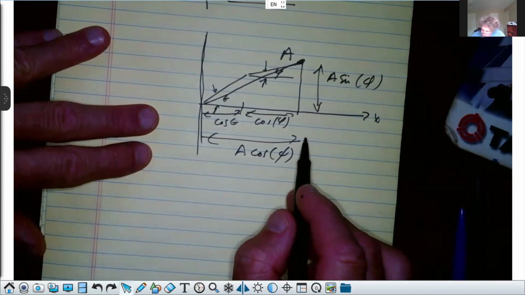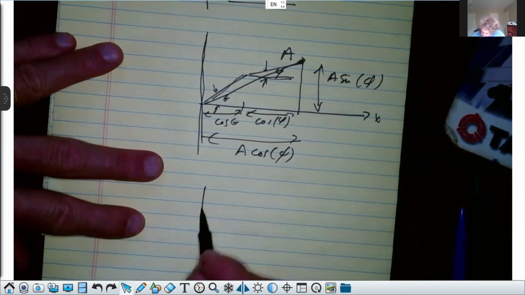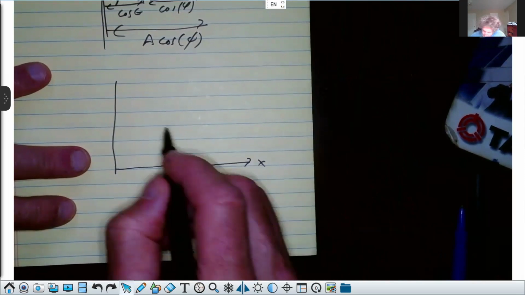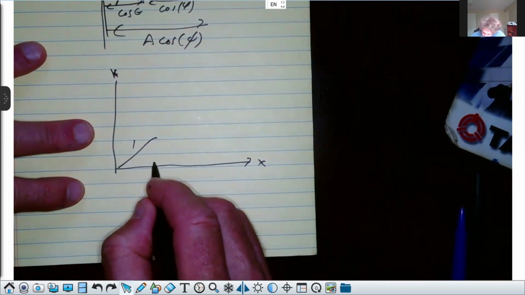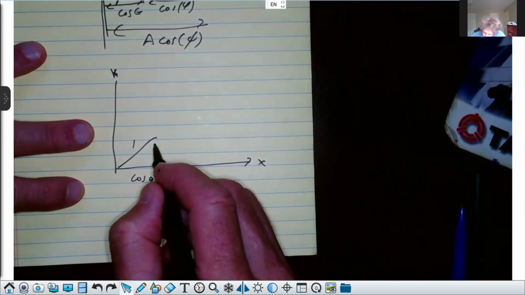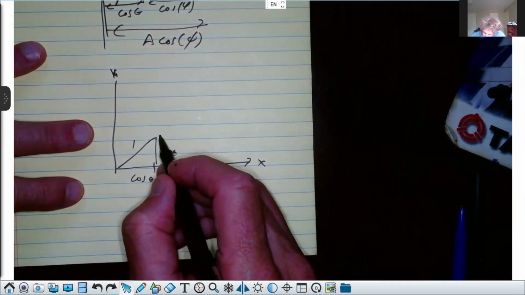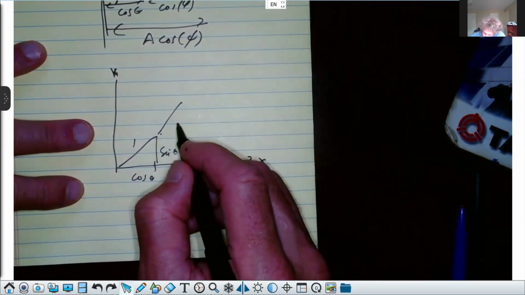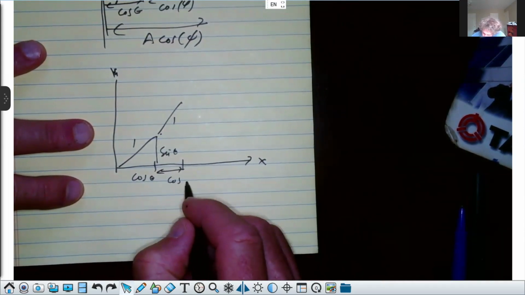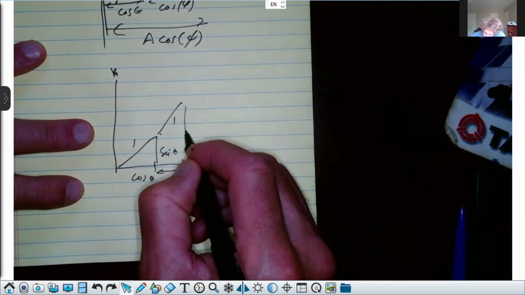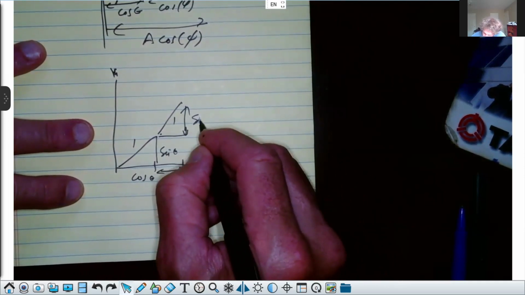And if you look at this, the vertical distance here based on this and this, if I added them together, x and y. Here I got 1, this is cosine of theta. The height of that would be sine of theta. Then I'm adding to that this one, I'm going to go up higher, has a height 1. The distance in this direction is going to be cosine of psi, and the vertical distance here is going to be sine of psi.